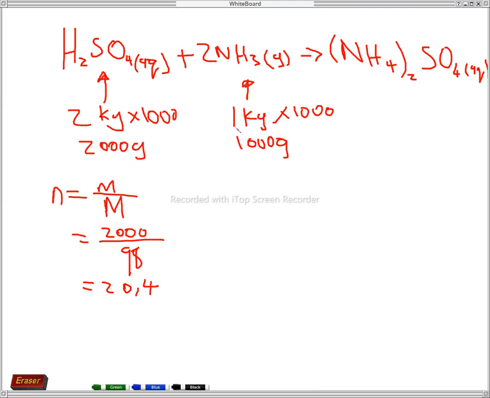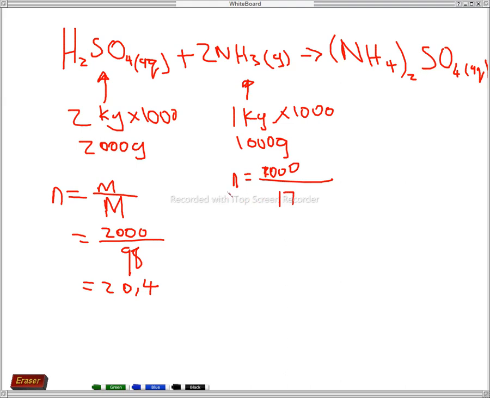Let's proceed again and calculate the number of moles for ammonia there. So n is equal to 1000 over the molar mass of NH3, which is 17.